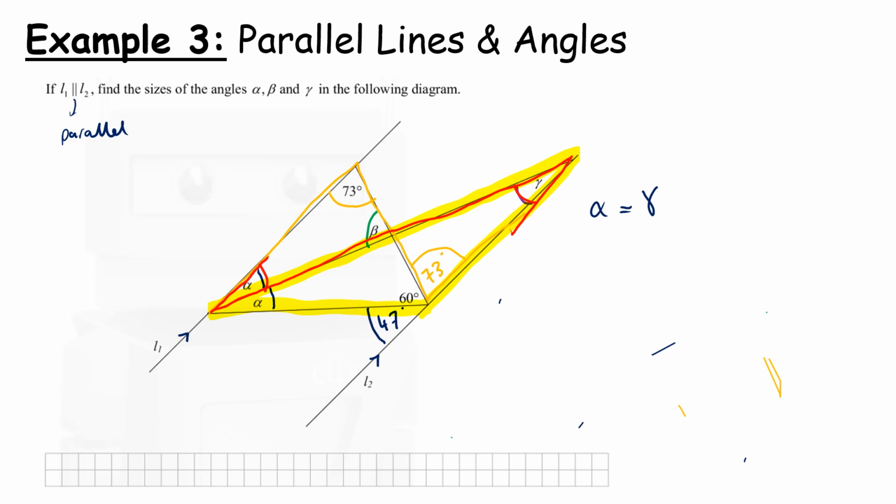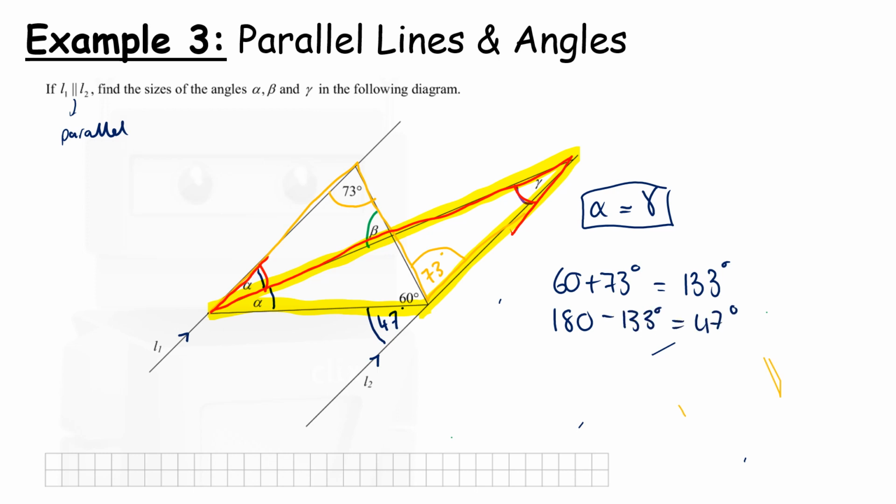In this triangle here, I know one of the angles and I don't know the other two, but I know that they're both equal. Remember we said alpha was actually equal to gamma. So if I add 60 plus 73 degrees, which gives us 133 degrees, and I take that from 180, which gives me 47 degrees, I now know that alpha plus gamma equals 47 degrees.